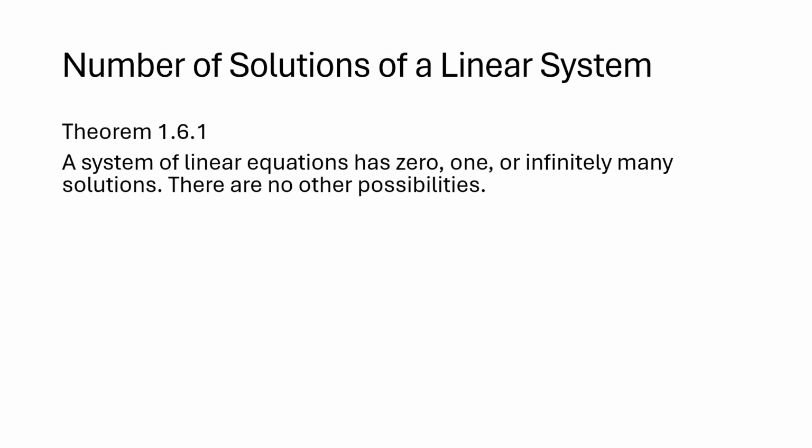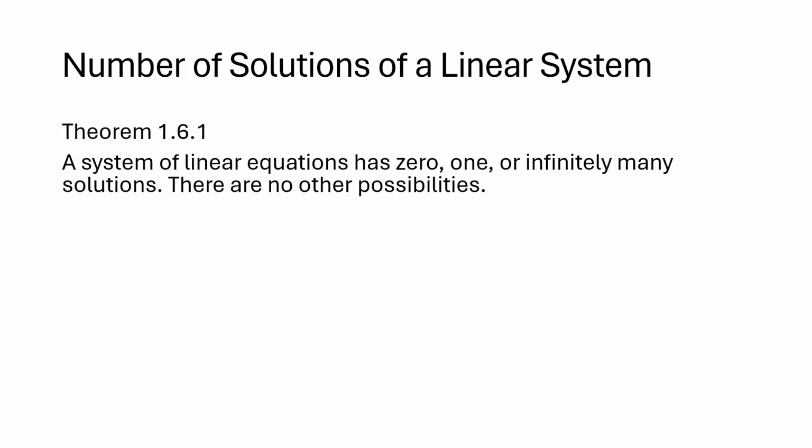So we have the number of solutions of a linear system. In the previous discussions, we made the statement that every linear system has either no solution, exactly one solution, or infinitely many solutions.